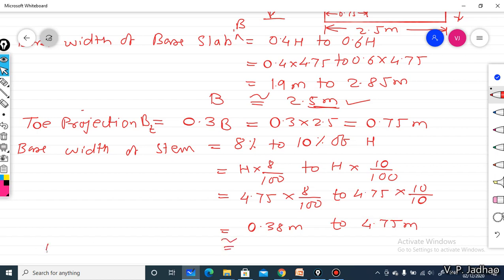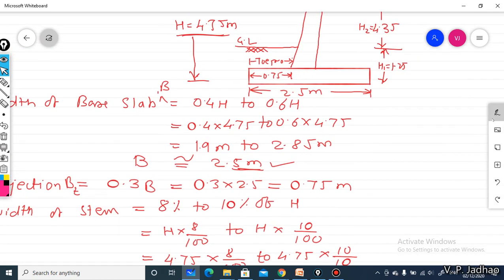Approximately we will take the base width of your stem equal to 0.4 meter. Let us take this value as 0.4 meter. So we have got the base width of our stem, 0.4 meter.